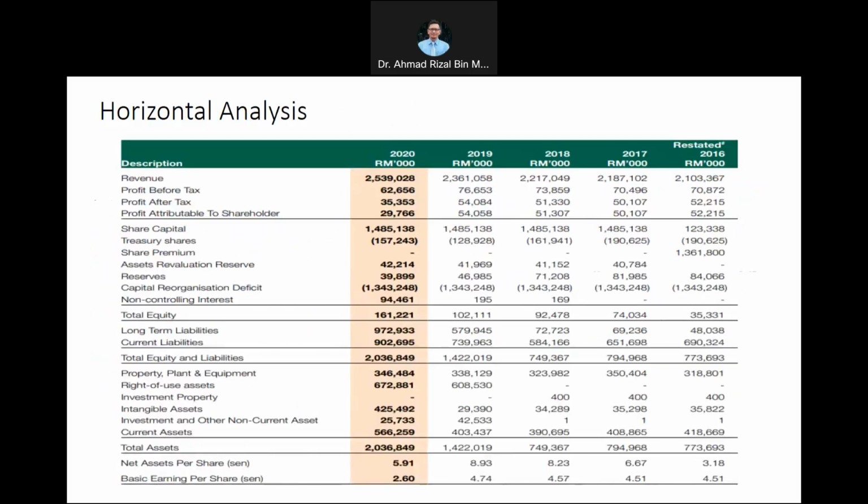Now, for horizontal analysis, normally we can either use a 2-year comparison, current year versus the previous year, or in this case, what I'm showing here is the 5-year financial highlights.